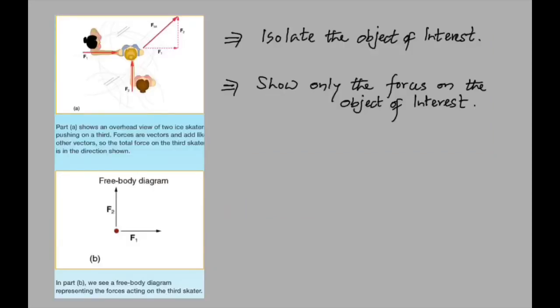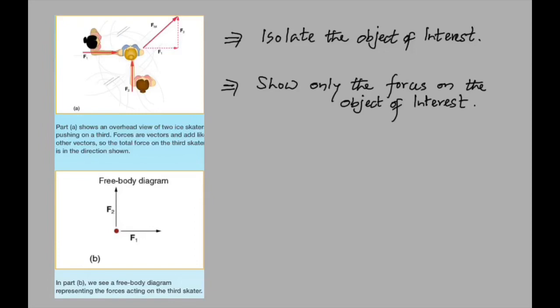Next, we have to look at how to solve problems involving forces. And this is primarily done by drawing what is called a free body diagram. Now, what is a free body diagram? In a free body diagram, we isolate the object of interest, and then we look at all the forces acting on the object of interest. Now look at this example.